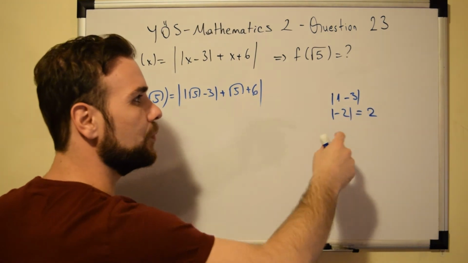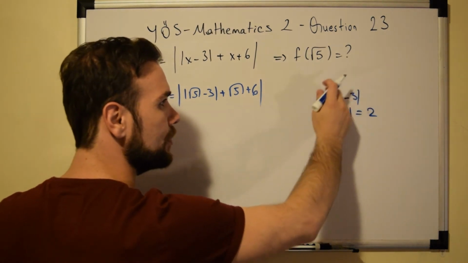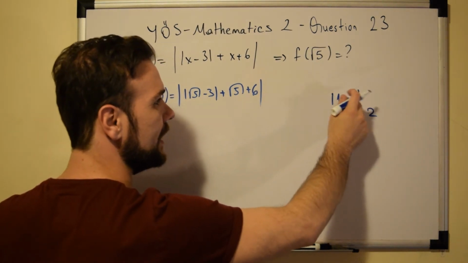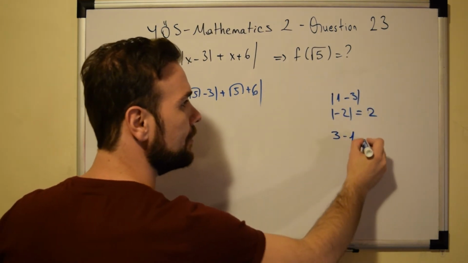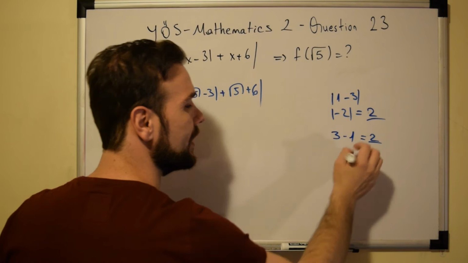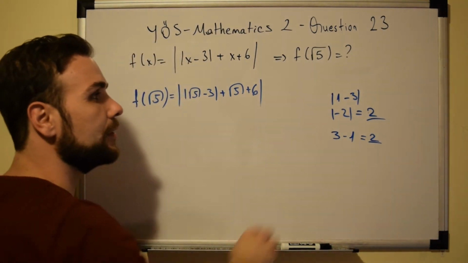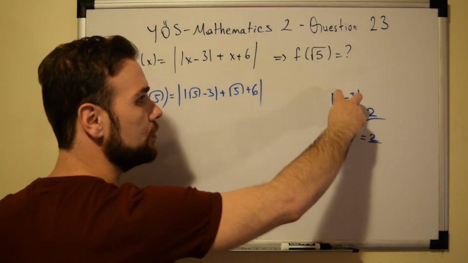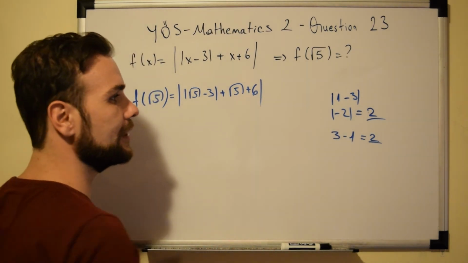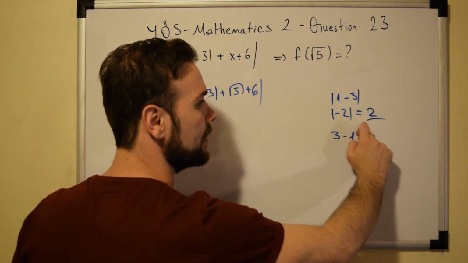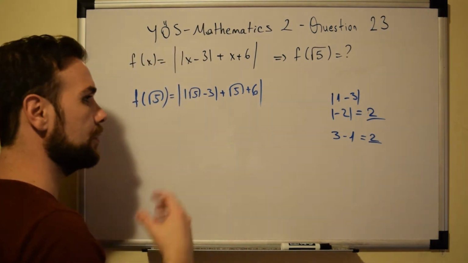Isn't this the same as writing 3 minus 1 outside the absolute value, because it will bring us to the same value. So writing 1 minus 3 in the absolute value is the same as writing 3 minus 1 outside of the absolute value, because we see that it will bring us to the same result.